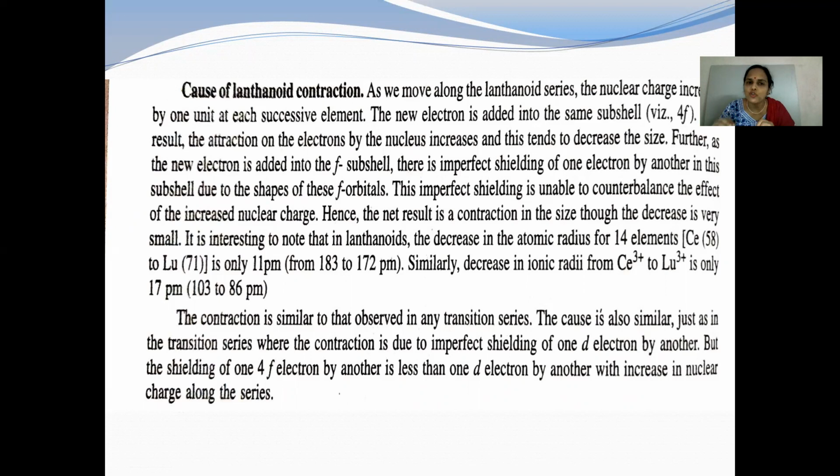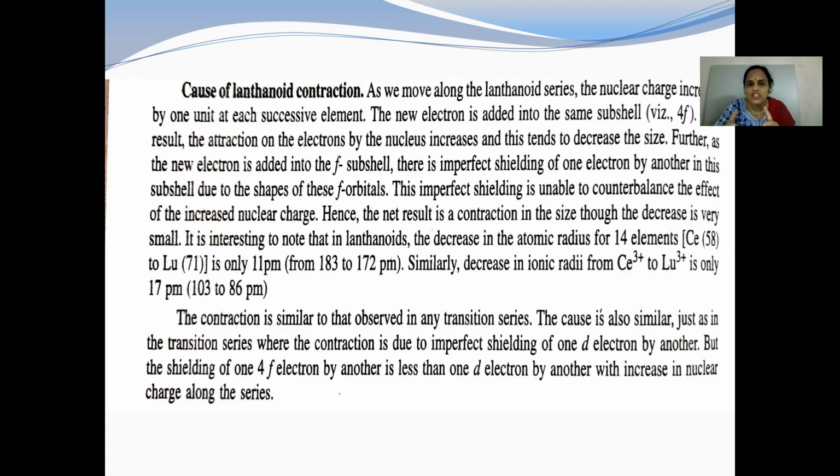Further, as the new electron is added into the f subshell, there is imperfect shielding of one electron by another in this subshell due to the shapes of f orbitals. This imperfect shielding is unable to counterbalance the effect of the increased nuclear charge. Hence, the net result is contraction in the size, though the decrease is very small.